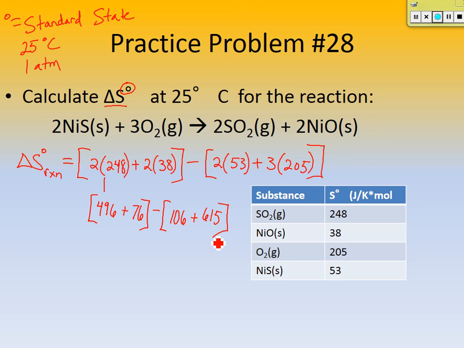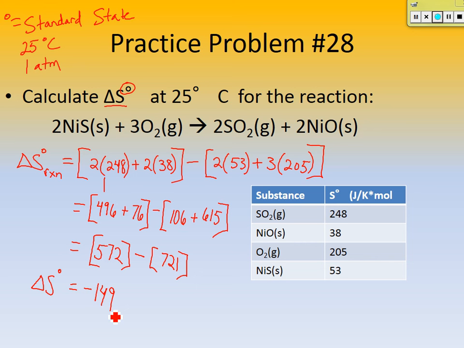Now let's simplify that. 496 plus 76 is 572, minus 106 plus 615, which is 721. Now 572 minus 721 is equal to, and this was a delta S, which is the change in entropy, a negative 149.